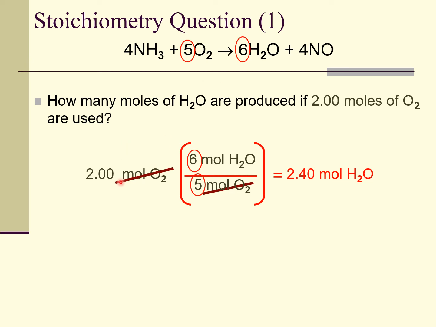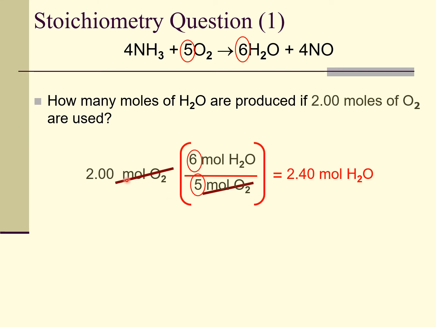Okay, this is the given, this is the conversion factor, and this is now the answer. Take note, you are asked how many moles of water can be produced with 2 moles of oxygen. So this is your given, your conversion factor, and this is your answer.